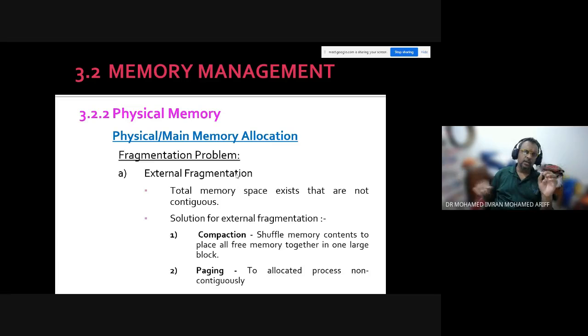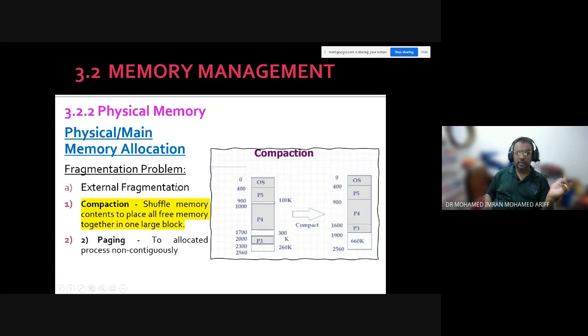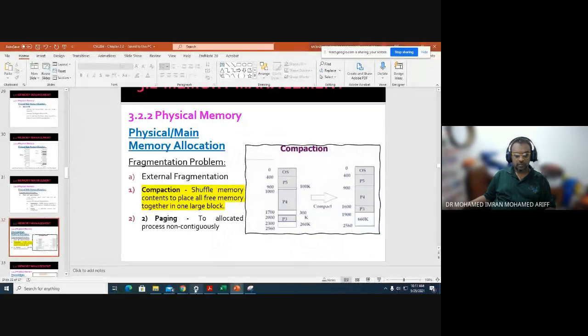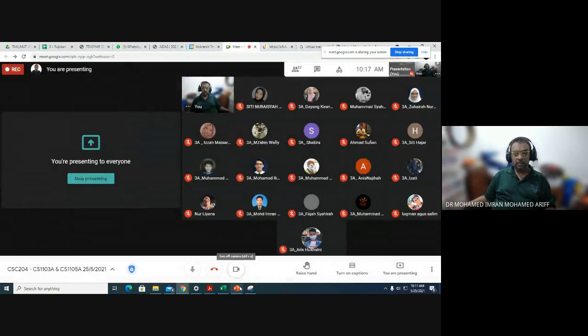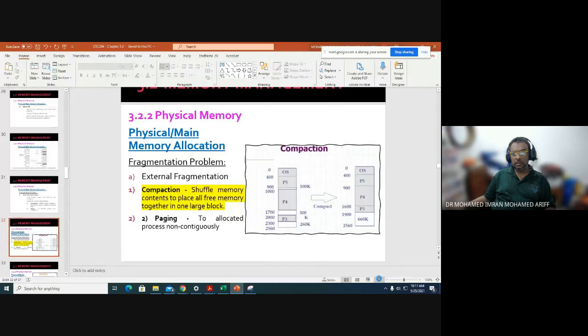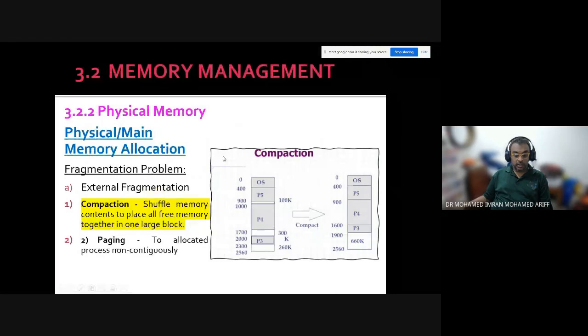All right, so we have a problem here called external fragmentation, whereby there are empty spaces like this here. This diagram is your physical memory, which is your RAM. Like I mentioned yesterday, the top part is usually given to the operating system, and in each location the processes come in.